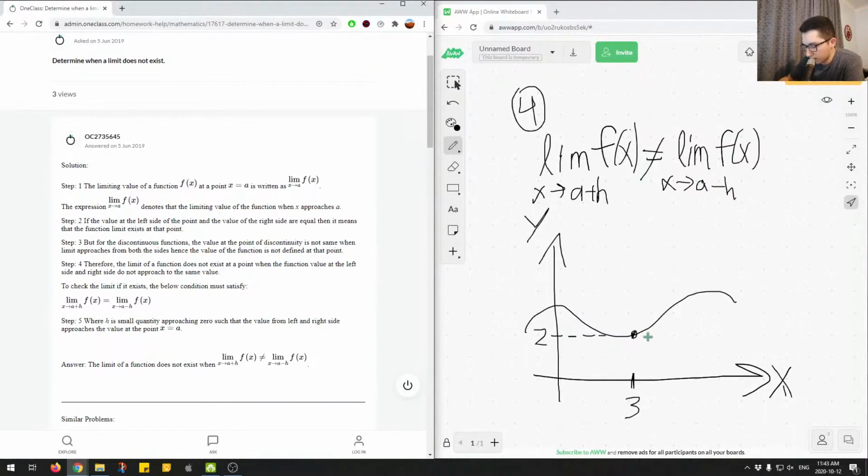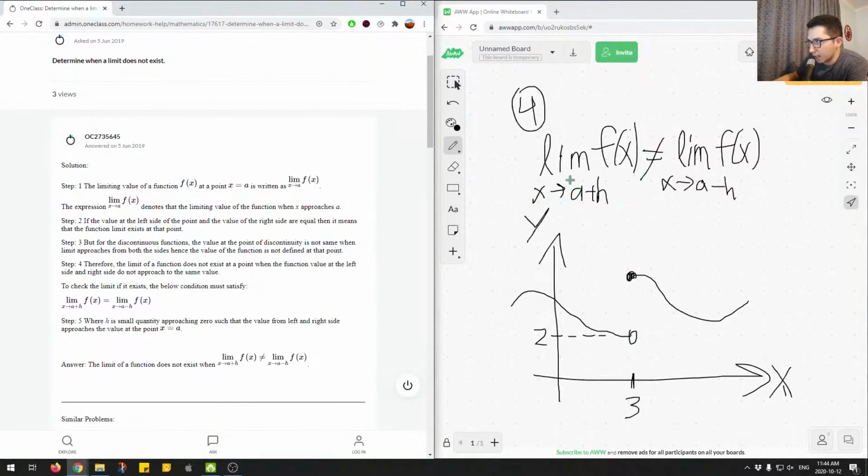So let's think of a scenario when the limit does not exist. I'll erase this and redraw a different function. So this is the f at x function, but there's a discontinuity at this point. Let's evaluate it.